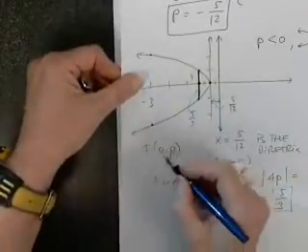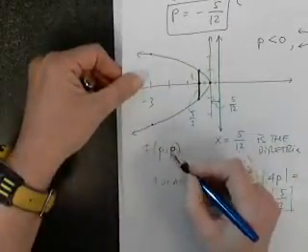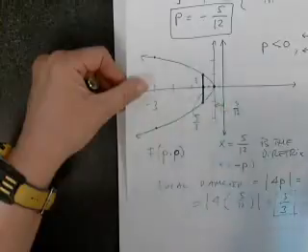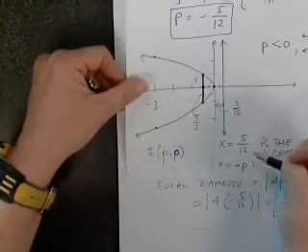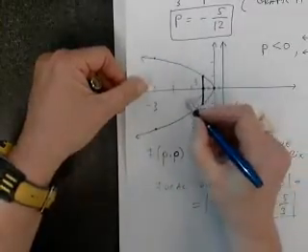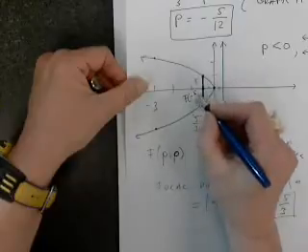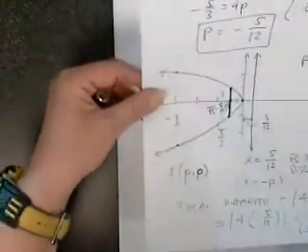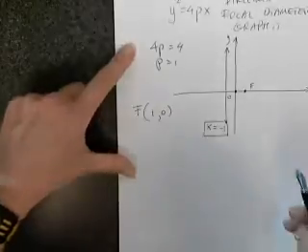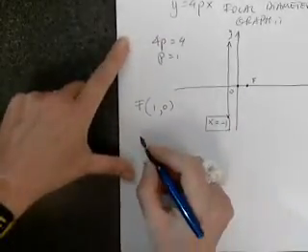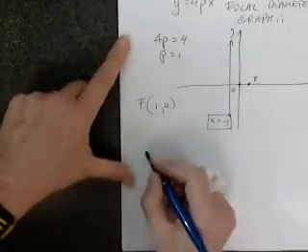I didn't write it here correctly. So p comma 0. And this is, what was p? 5 over p. Okay, so this is F of -5 over 12 comma 0. Very good. Can anyone give us the focal diameter?